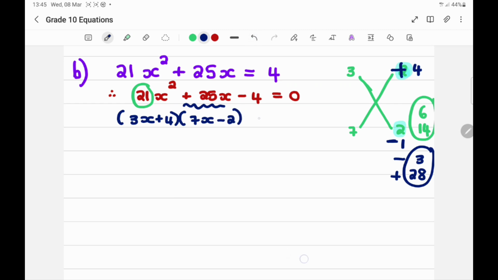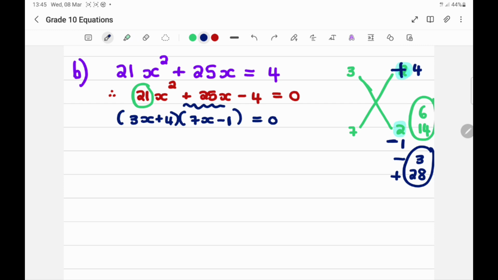minus 2 is equal to 0. So let me just double check. 3 times 7 is 21, x squared, minus 6, no, that doesn't work out. Sorry, this must be a 1 over here. 7x minus 1. 3x times 7x gives 21x squared, minus 3x plus 28x gives you that positive 25x, and a positive times a negative is a negative 4.